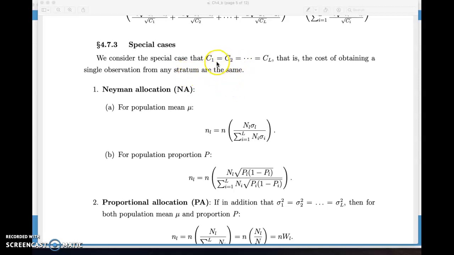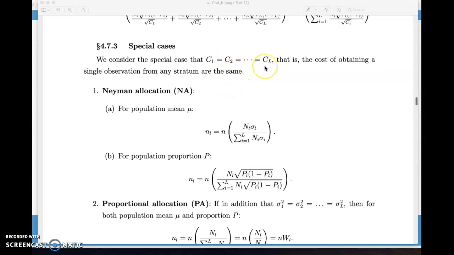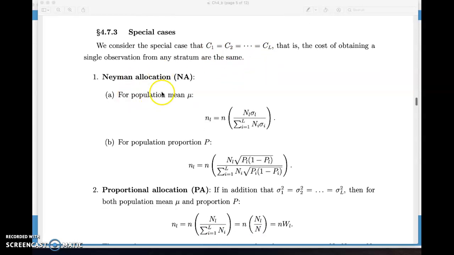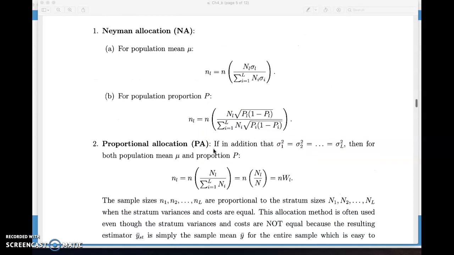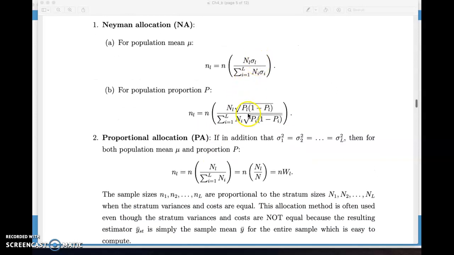If that's the case, then under the Neyman allocation, when we try to estimate the population mean, nL would be proportional to the population size multiplied by the variability, as opposed to the total of all the factors. For population proportion, same thing: we replace sigma L by the square root of P times 1 minus P.